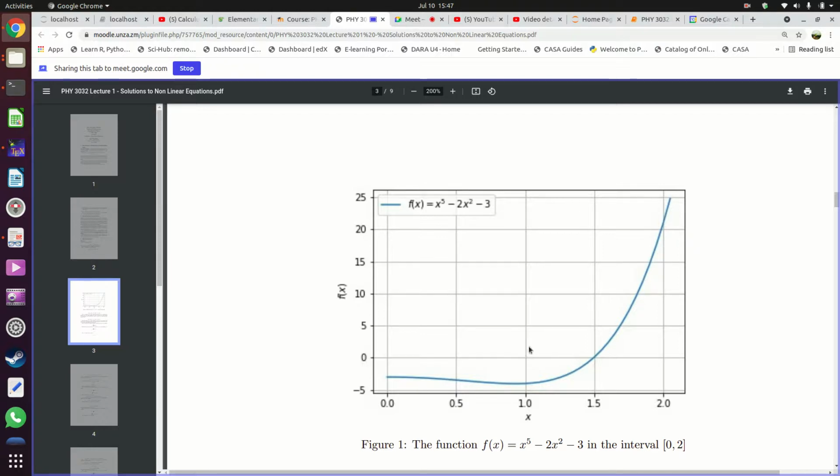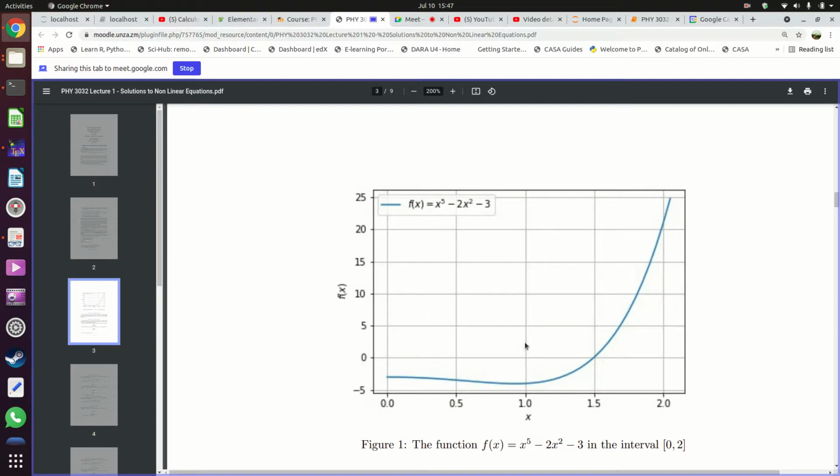So if we are sure with this guess value, say the guess value is 1, then we look at 1 and 0. Between 0 and 1, the function does not cut the x-axis. Then we can move our lower boundary from 0 so that it becomes 1. Are we clear? Yes.